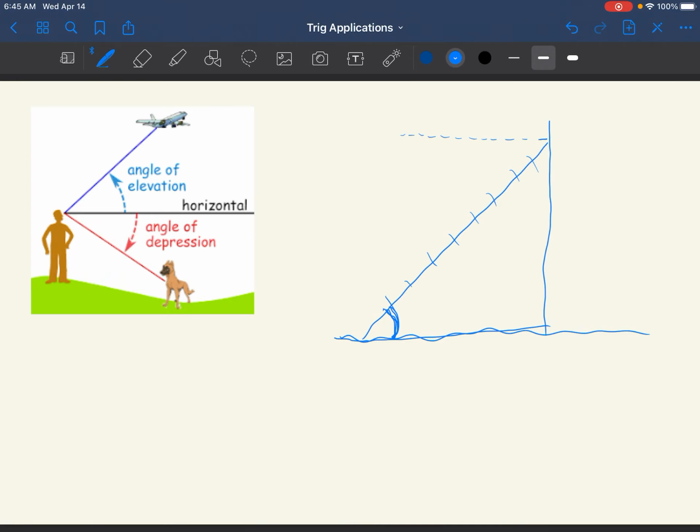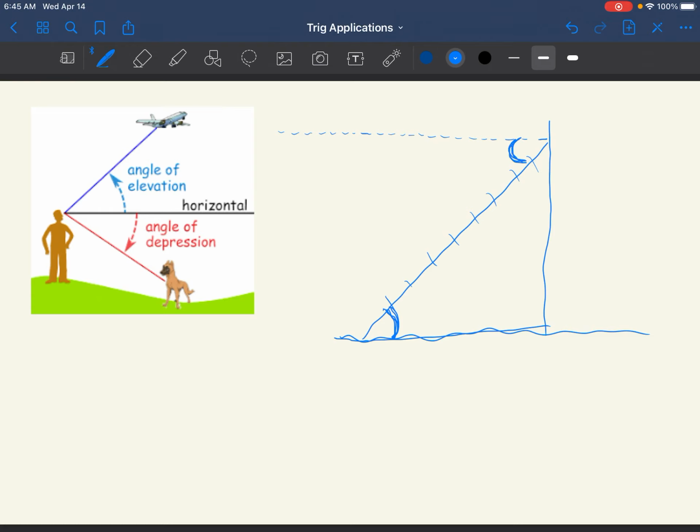Well, I'm going to draw in the horizontal. Okay? I start at the top of the ladder, and I draw a straight line going out from the top of the ladder. The angle of depression goes from the horizontal down to the object. So this right here is the angle of depression. Okay?